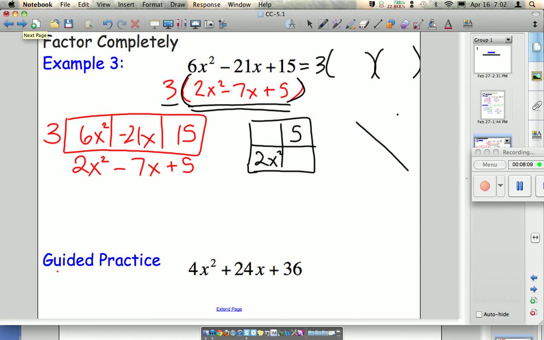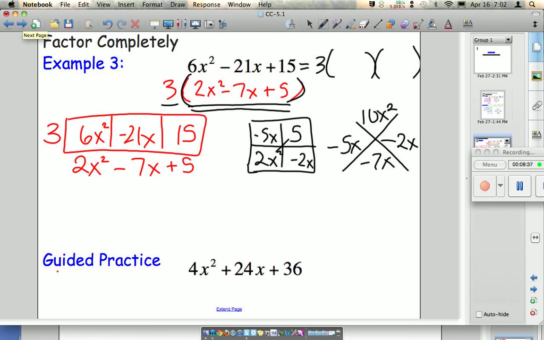Let's see, I need a sum of negative 7x, and the product is 10x squared. Since it was negative, they both have to be negative, because that's the only way to multiply to a positive. And it looks like I've seen this one already. Negative 5 times negative 2 is positive 10. So negative 5x, negative 2x.